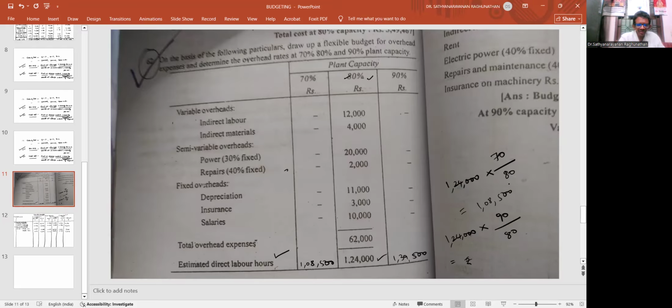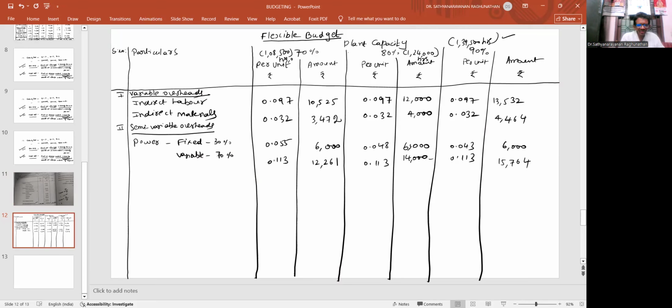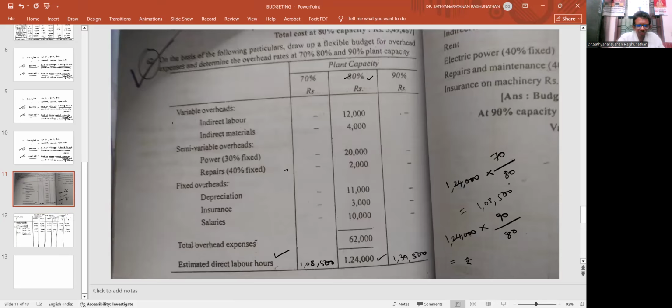Now, the next one, repairs. 40% fixed means the remaining 60% variable. Repairs. Fixed 40%. Variable, the remaining 60%. How much? 2,000.